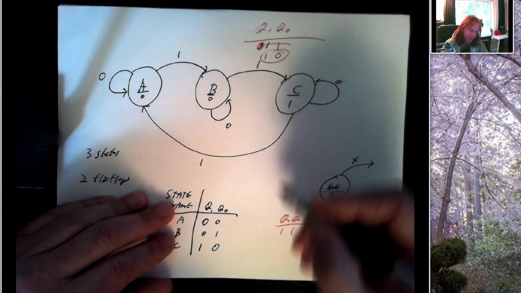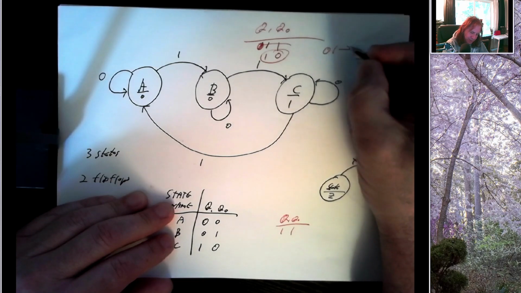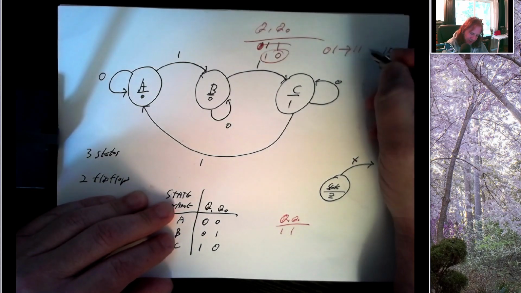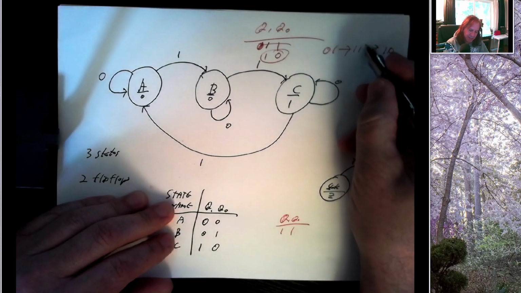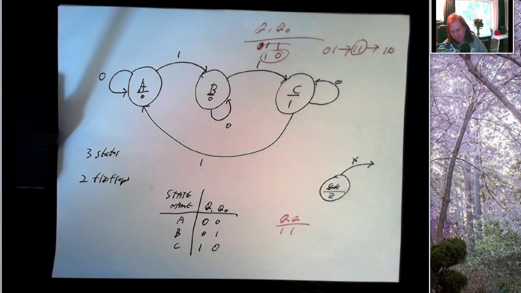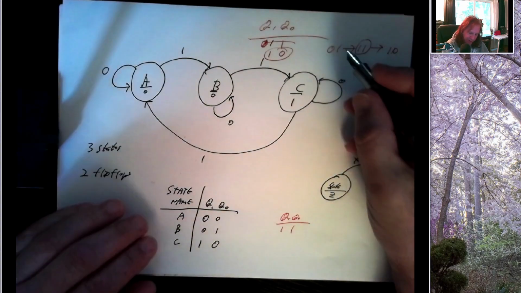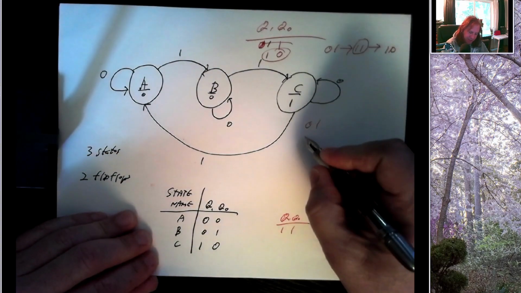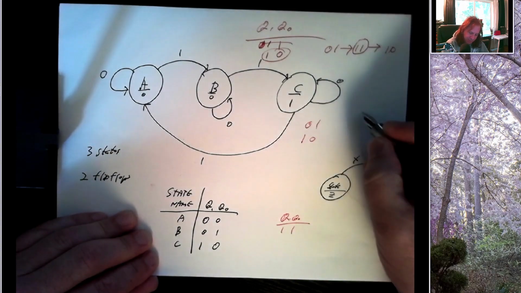But it's possible that in going from 0, 1 to 1, 1, to 1, 0, we might go through this intermediate state 1, 1. Now, if everything changes at exactly the same moment, we could go directly from 0, 1 to 1, 0.